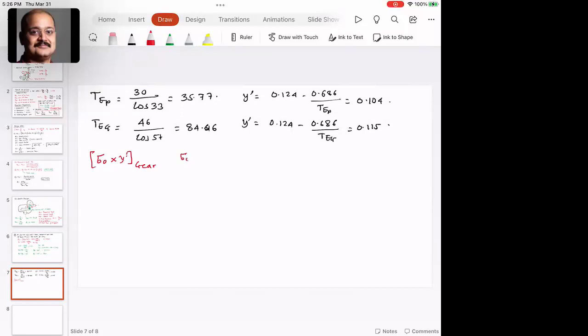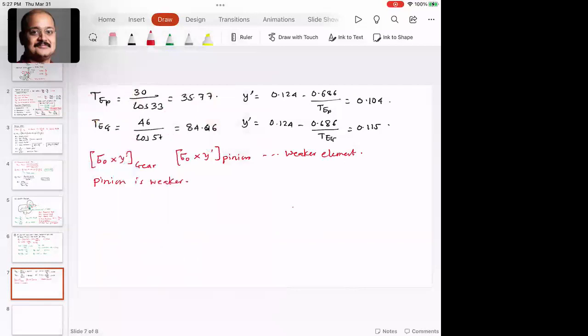We should do sigma O times y prime for pinion and find the weaker element. But since it's gear and pinion, same material, so pinion is weaker.